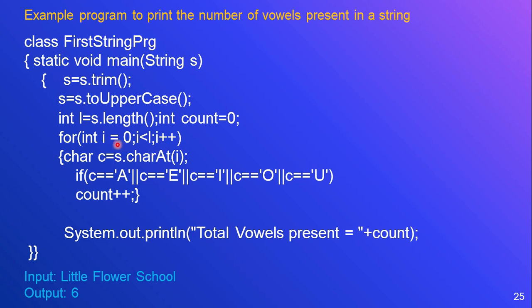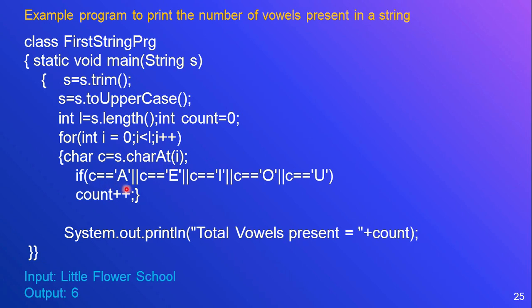What will be the next value of i? i becomes 1. Now c is equal to s dot charAt(1). charAt(1) means this is the index position. There we are going to get another character. Which character will be extracted? U will be extracted.